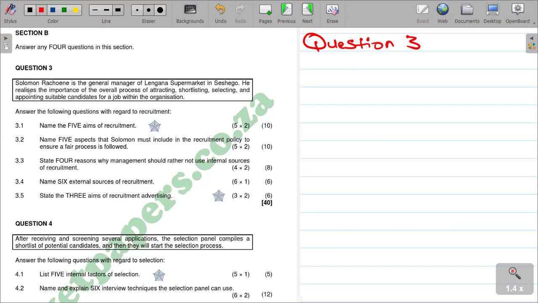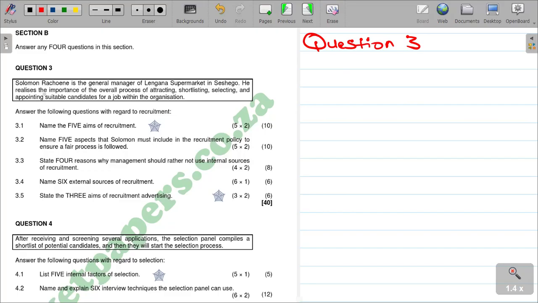Right, let's read the scenario. Solomon Rachel is the general manager of Lengana supermarket in Seshoko.